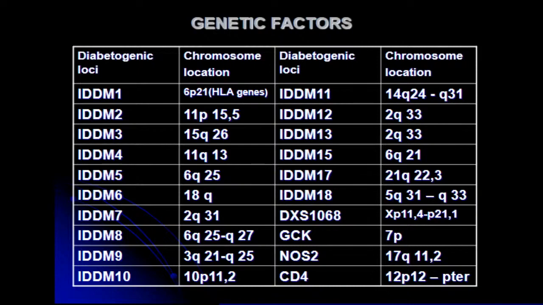If a mother suffers from diabetes mellitus, risk for a child is 3%. If father, 9%. If both parents, the risk for diabetes mellitus is increased up to 30%.